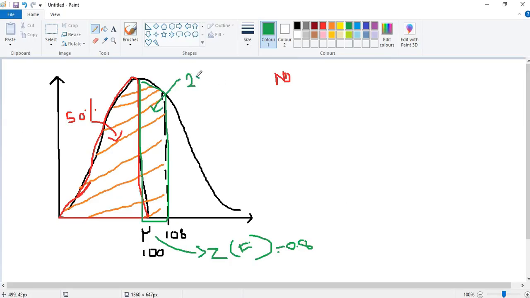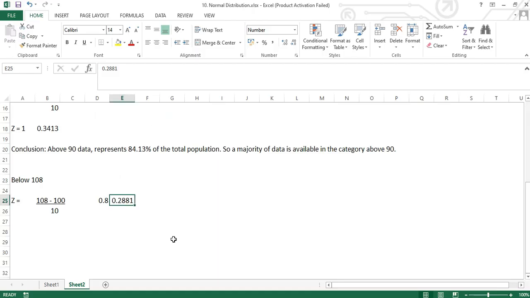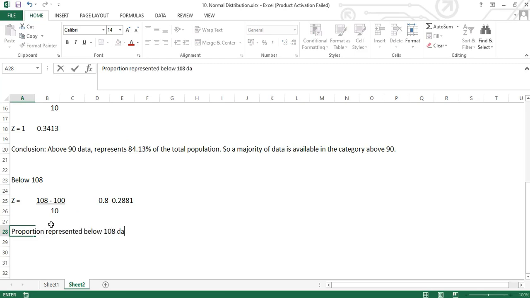If this is 28.81%, then the total answer is 50% plus 28.81%, so the proportion represented below 108 is 50% plus 28.81%, which equals 78.81%.